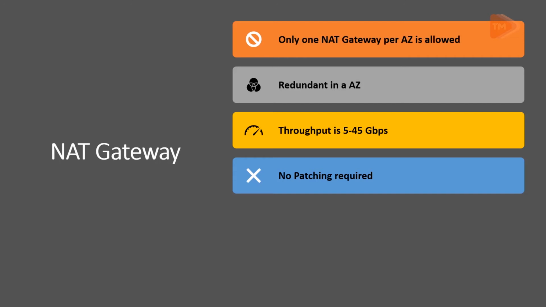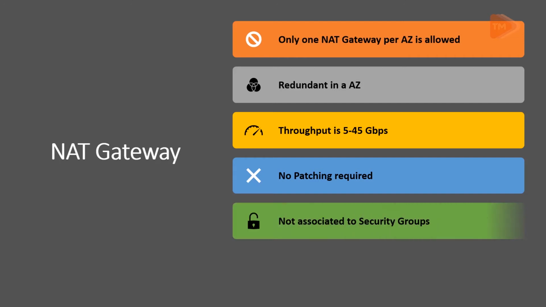The patching and everything for a NAT gateway will be managed by AWS. When it is an EC2 instance or a NAT instance, the whole thing about patching and administration you have to manage, which is not the case with the NAT gateway.